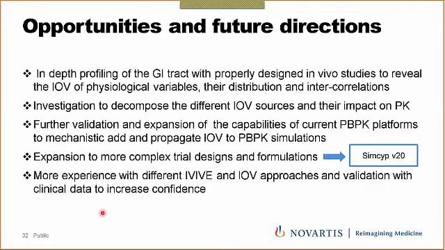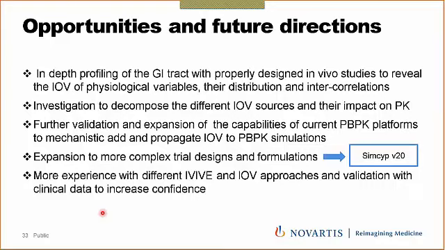So what would be some future directions or opportunities that we have at the moment? Of course, a more in-depth profiling of the GI tract would be beneficial, with properly designed in vivo studies that are able to reveal these physiological variables, their variability, distribution, and possible intercorrelations.